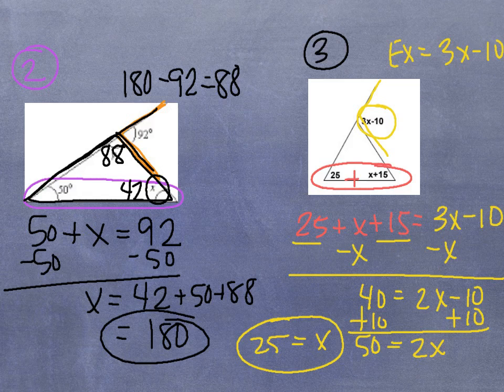If I plug it in right here, I'm going to get 25 plus 15, and that's 40. So this corner is equal to 40 right here, and this is 25. Let's plug it in here. 25 times 3 minus 10 is 75 minus 10, which is 65. So do the inside two angles, 25 plus 40, equal 65? Yes, it does. So you did it correctly.